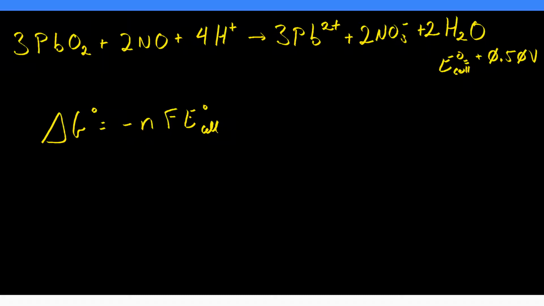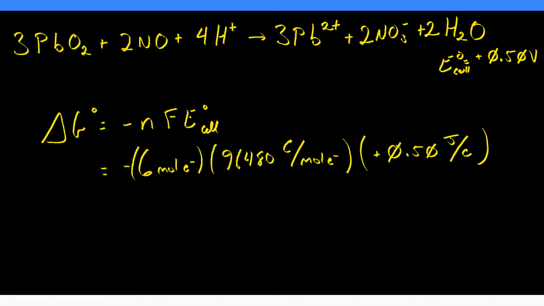So it's negative 6 moles of electrons times 96,480 coulombs per mole of electrons times 0.50 joules per coulomb. Joules per coulomb? Yes, that's what a volt is. A volt is 1 joule per coulomb. Those are just the same thing written differently.